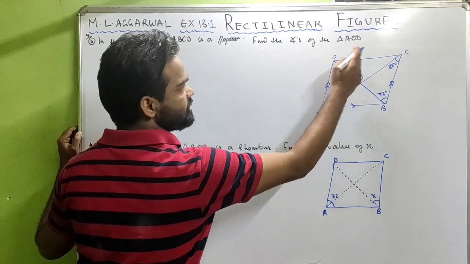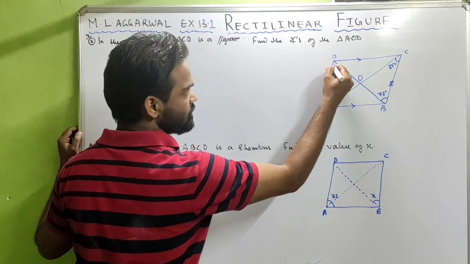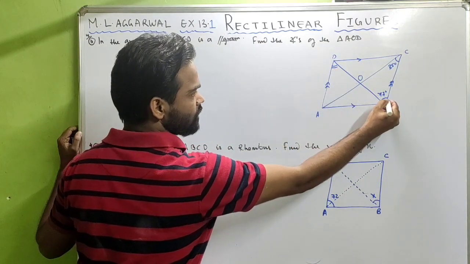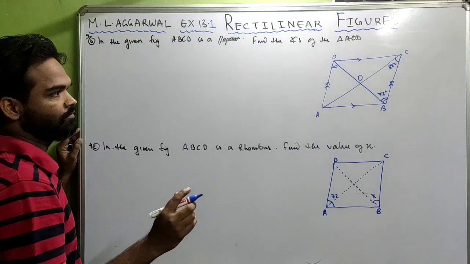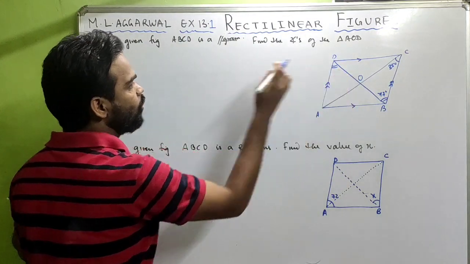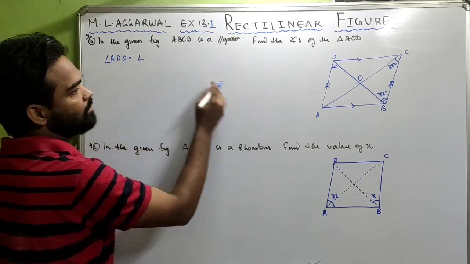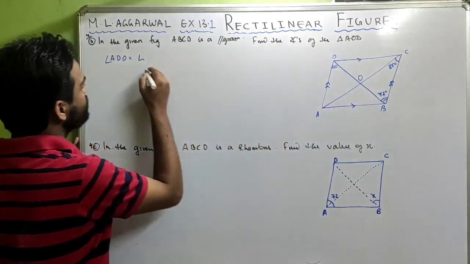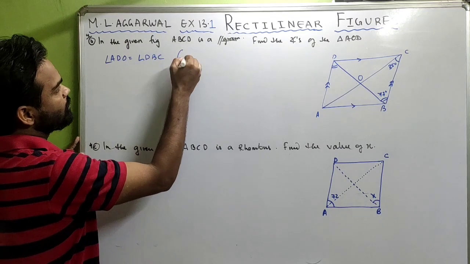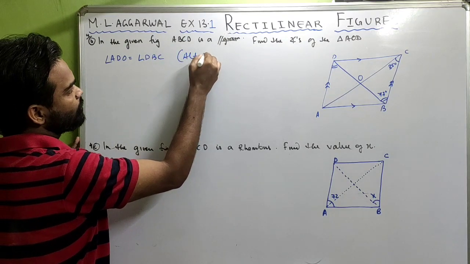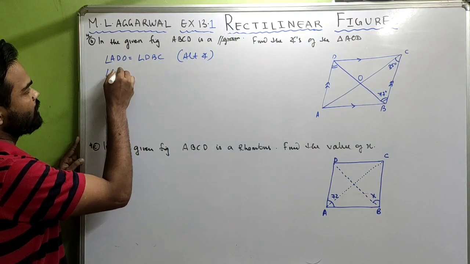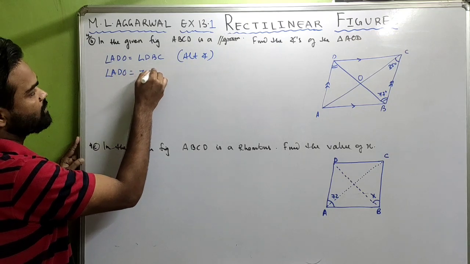So if DC is parallel to AB, we can say this angle and this angle will be equal. They're alternate angles, which means I can write angle ADO is equal to angle DBC. They are alternate angles, which means angle ADO is nothing but 77 degrees.